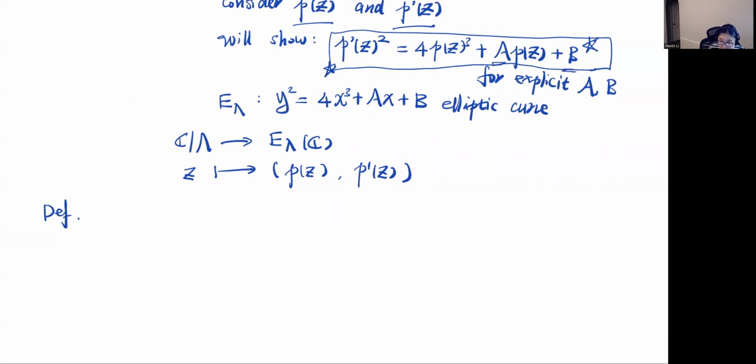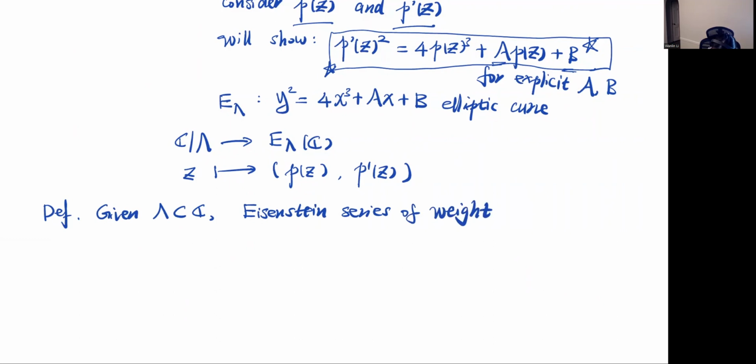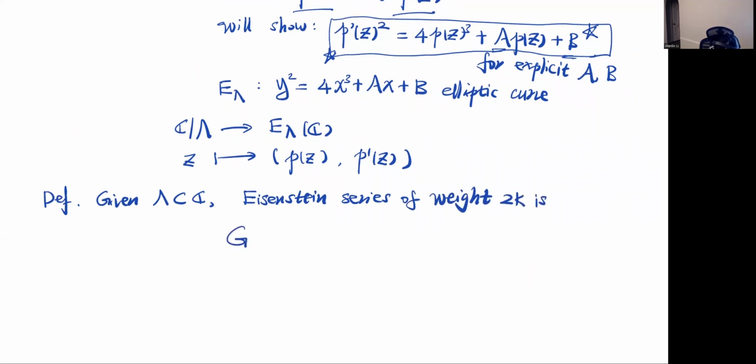Given some lattice inside C, we are going to define the so-called Eisenstein series of weight 2k, denoted as capital G 2k of lambda.